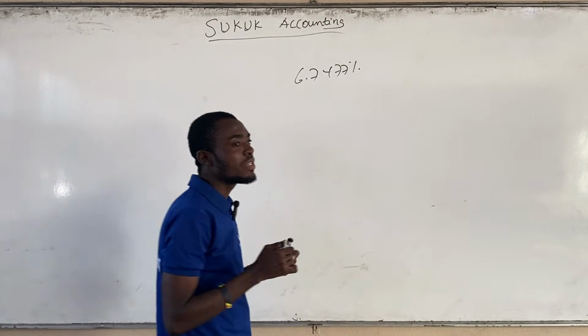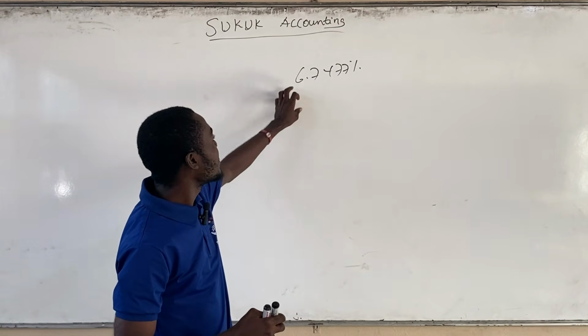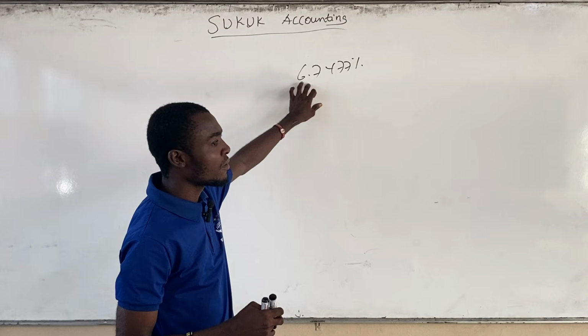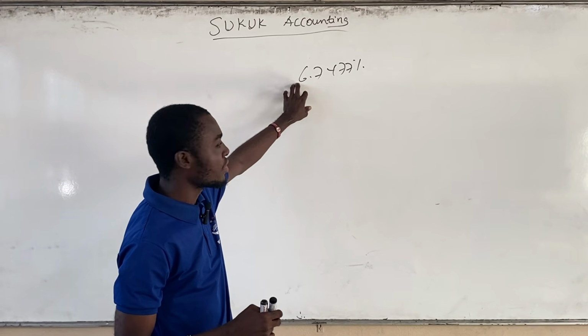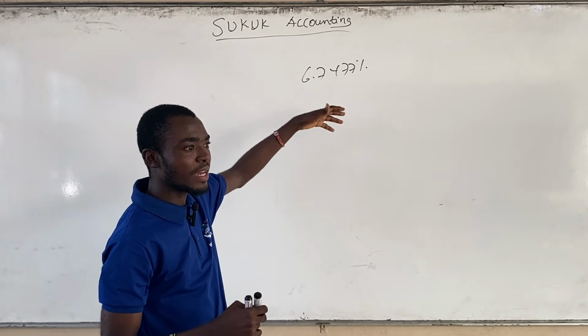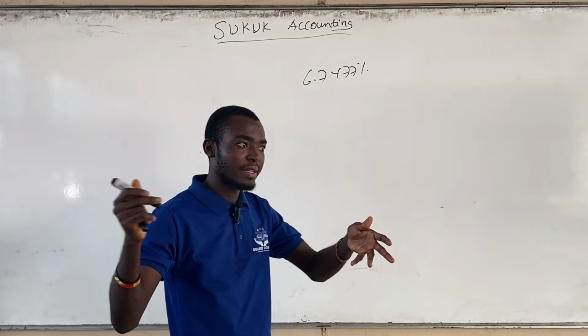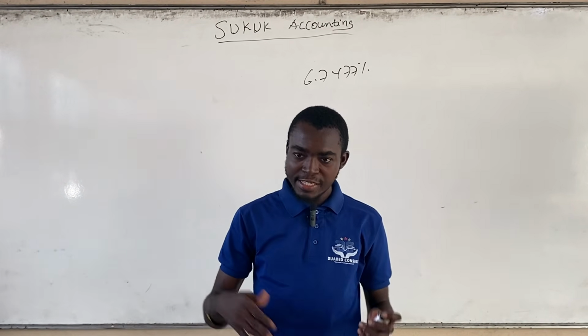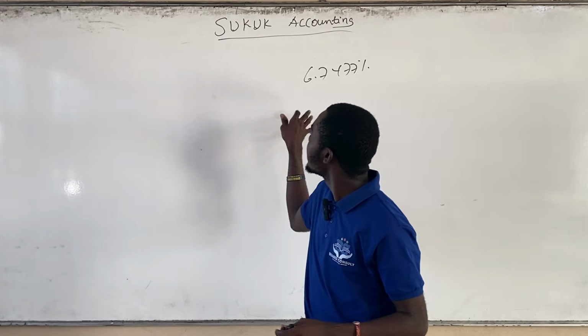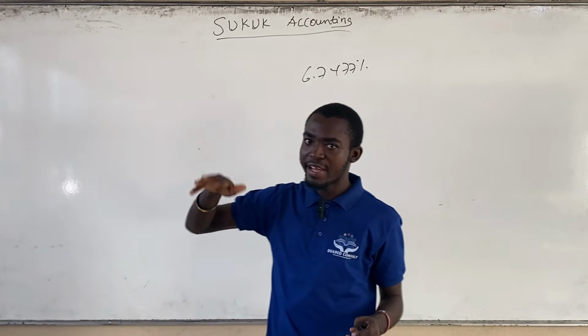It means that every year the originator will be paying this rate on the Sukuk amount, the amount of money that the investor gave to the originator. As I explained earlier, the originator will recognize this amount as finance cost.